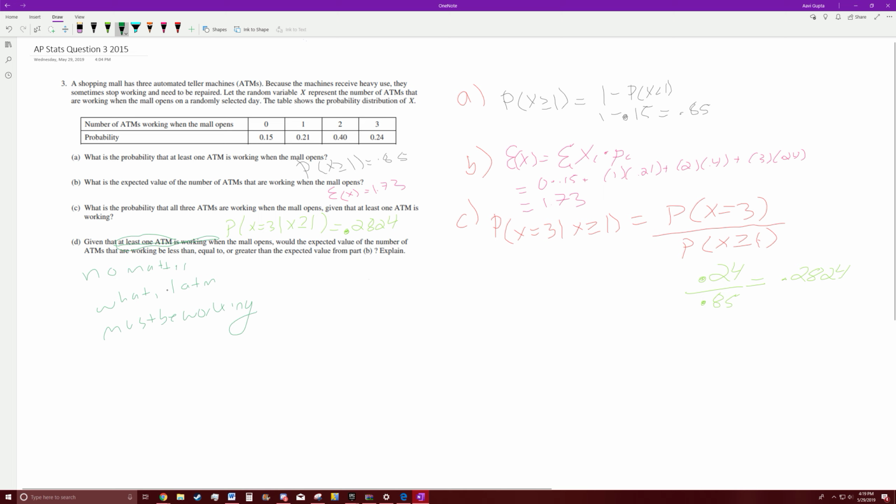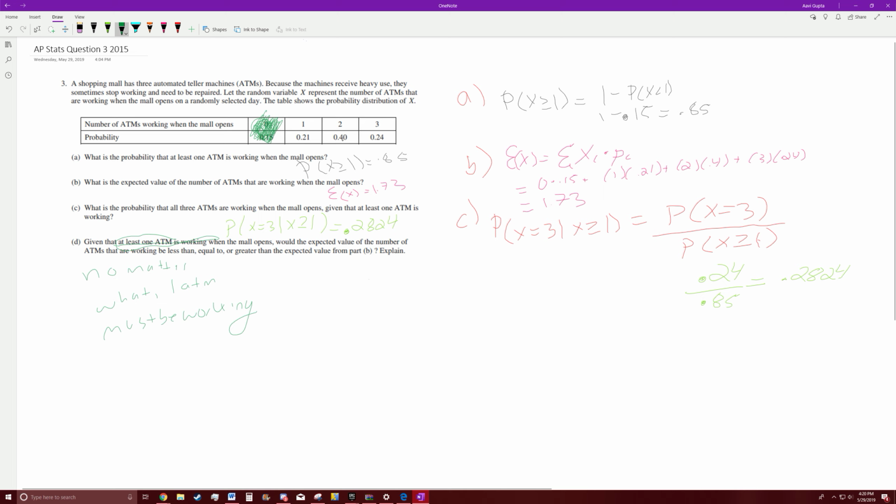Well, let's see. If no matter what, one ATM must be working, this doesn't exist. Because now at least one ATM must be working when the mall opens. That means that this probability value doesn't exist anymore. And as you know, the probability values in a set must all sum to 1.